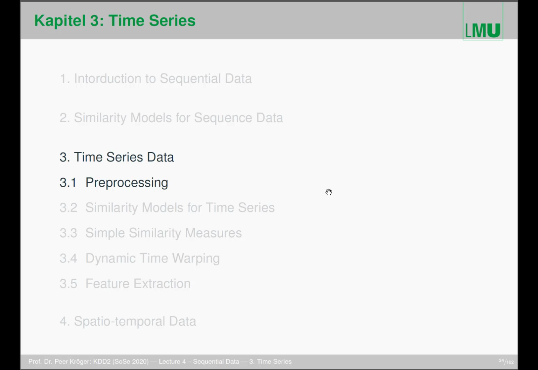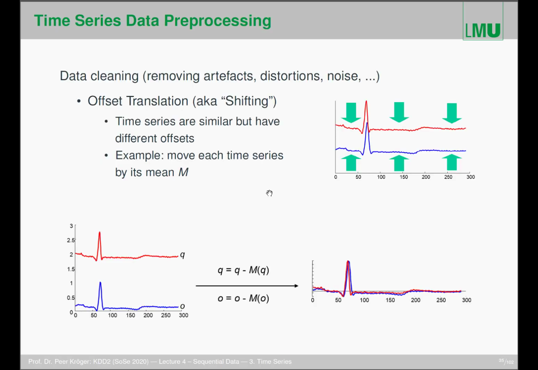Okay, so we start with preprocessing now, and once again keep in mind it's extremely application specific. So first of all, offset translation can be extremely interesting, because we very often have time series that have a similar trend or are similar, but have different offsets, as you see here. So the red one is quite similar to the blue one, but they simply have different offsets.